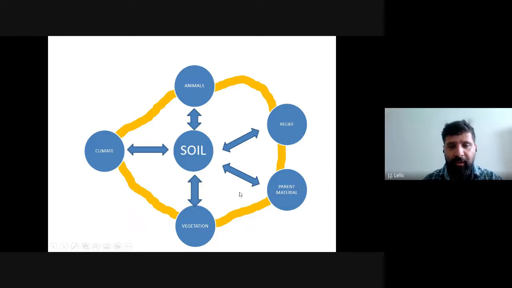Okay, so the interaction of different climate conditions like higher or lower temperatures, the annual precipitation, the distribution of the rain, if you have dominance of temperatures higher than 18 or 20 degrees Celsius or below 0 degrees Celsius, it influences a lot of the soil processes, and it also influences the interaction of organisms.